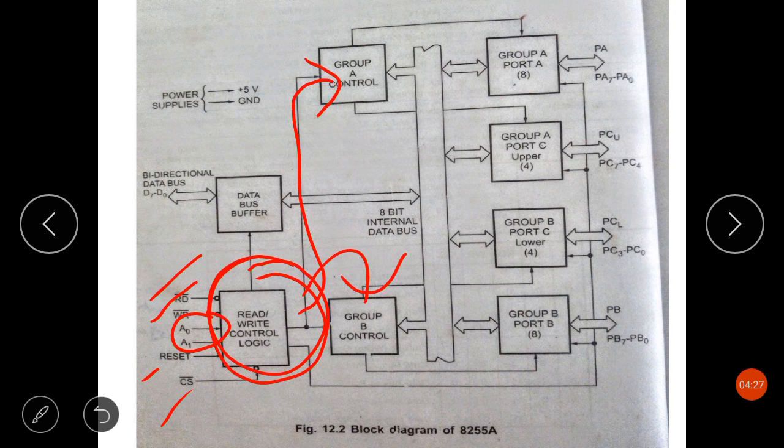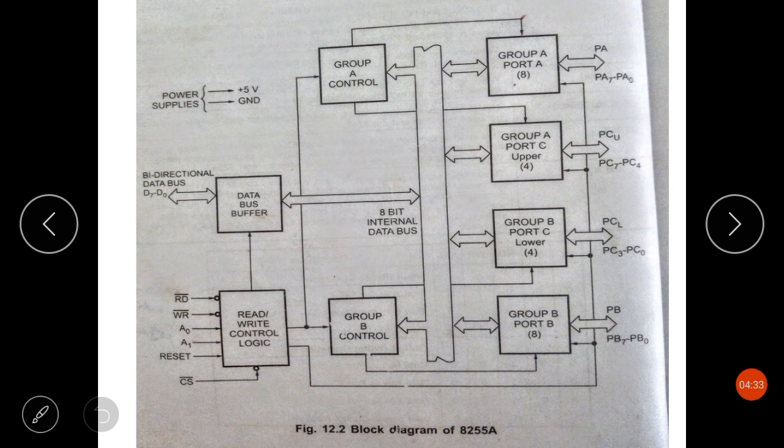Now as you can see, it has RD bar, WR bar, A0, A1, reset and CS bar. Here, when the RD bar pin is activated, the CPU, that is the 8085 microprocessor, can read the data in the ports or the status word through this data bus buffer. Again I am repeating, when this RD bar signal is low or activated, the 8085 microprocessor can read the data in the ports.